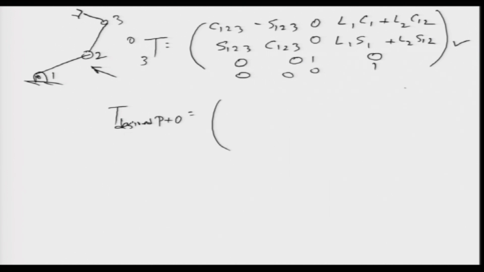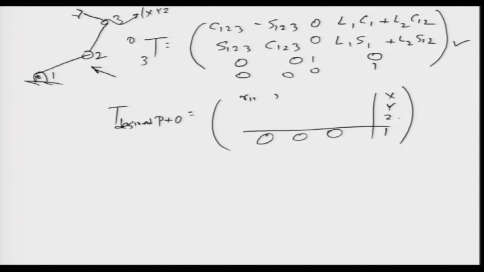This will also be a 4 by 4 matrix, and the desired origin x, y and z of my frame 3 will come here as x, y and z, and whatever is the rotation matrix will come here in terms of R11, R12, like that, and there will be one more column here. So we equate this matrix to this matrix and then try and solve. Now, what are the unknowns?